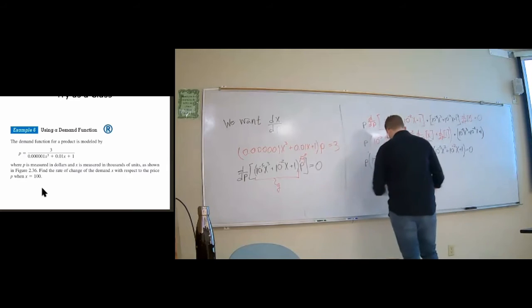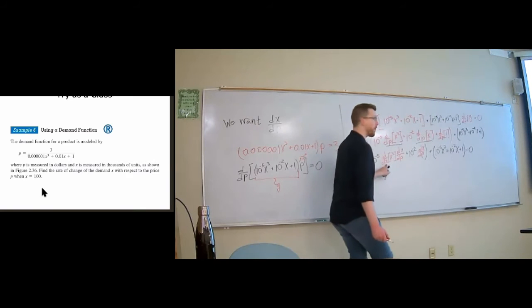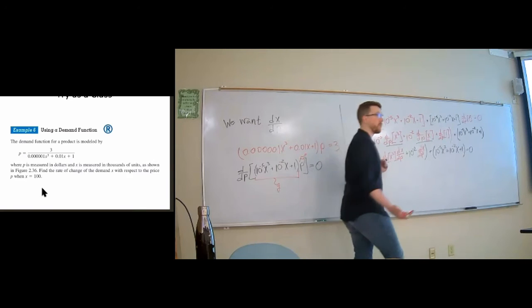So we have p times 10 to the negative fifth x cubed differentiated with respect to x is just going to be 3x squared.